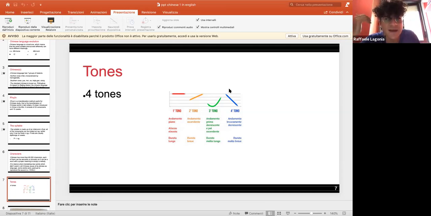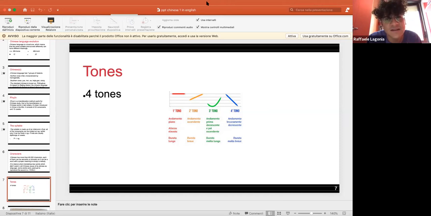I was asking why, and she said while speaking you may not hear the tone, because we speak fast, so we may not respect the tone, but people can understand us. So this is an important part, but give it the right weight, okay?